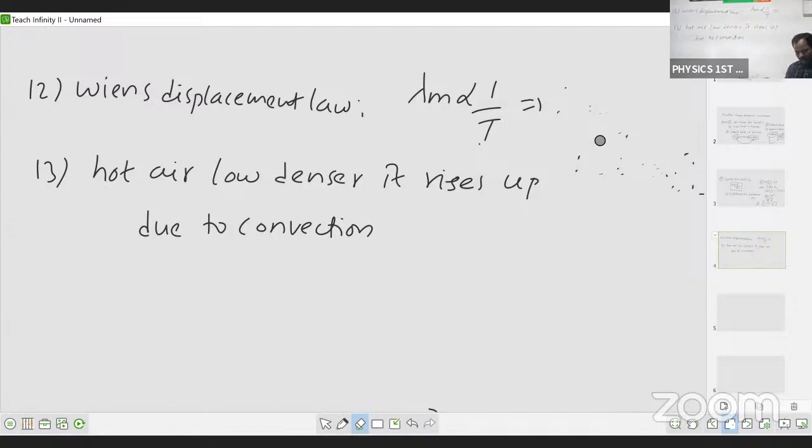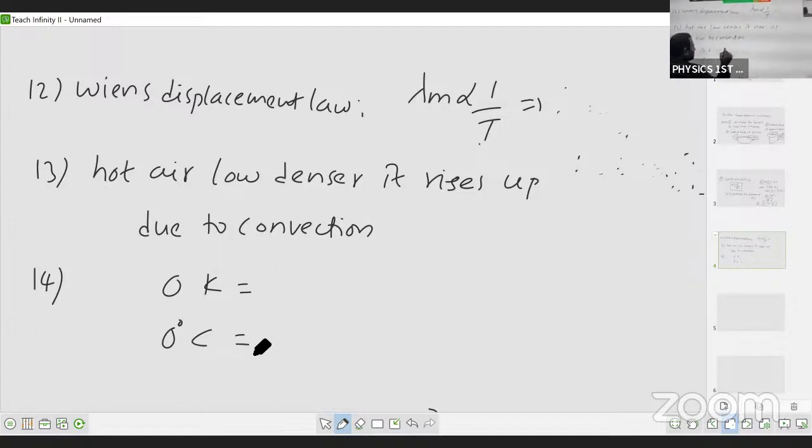Does a body radiate heat at 0 Kelvin? Does it radiate heat at 0 degree Celsius? Where does a body radiate? One is 0 Kelvin, the next one is 0 degree Celsius.